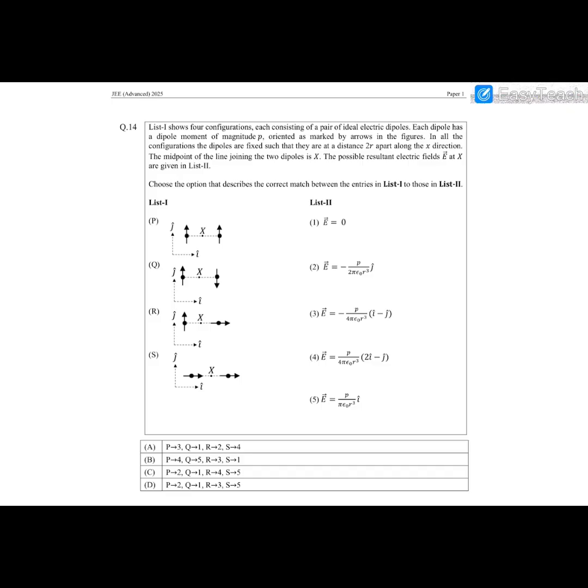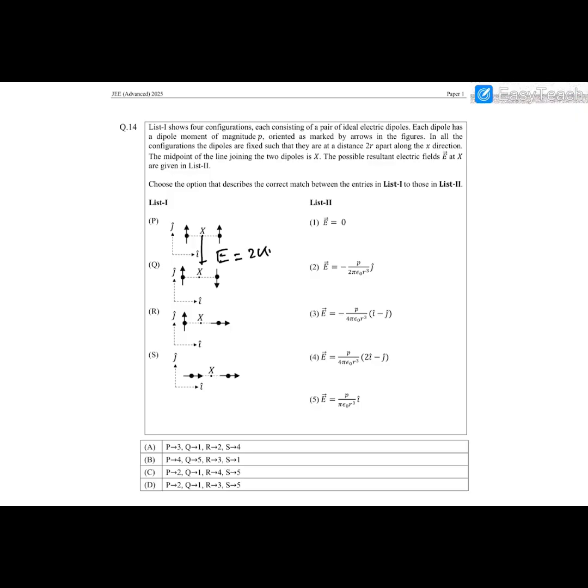We know that there are 4 options and P is matched with 2, 4 and 3. So we just need to find the correct matching of P first of all. This point X is on the equatorial axis for both of these dipoles, and therefore the electric field at this point X will be in the downward direction due to both of them, and E would be kp by r cube due to one and kp by r cube due to another.